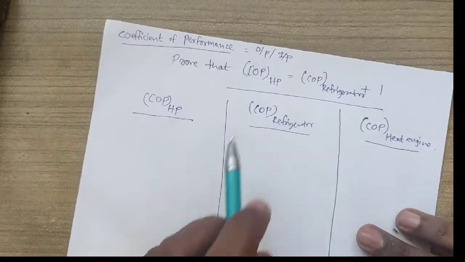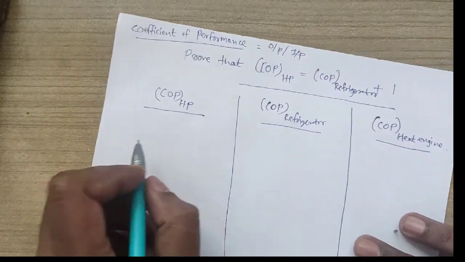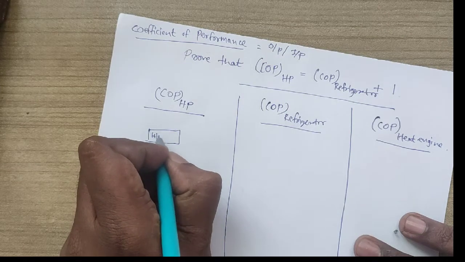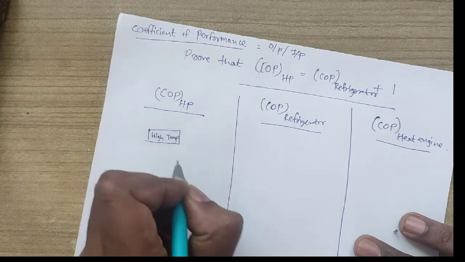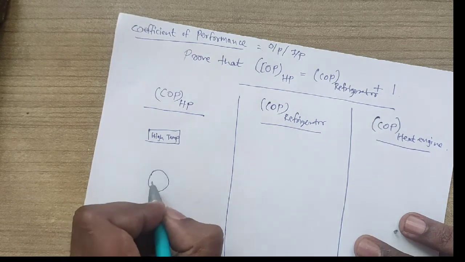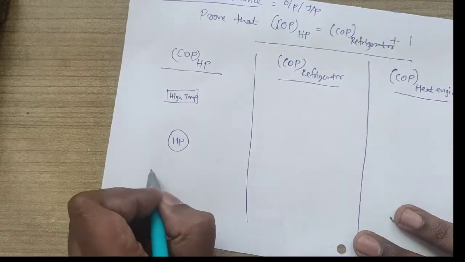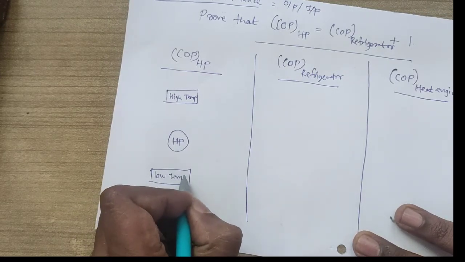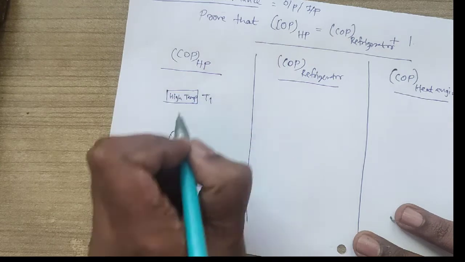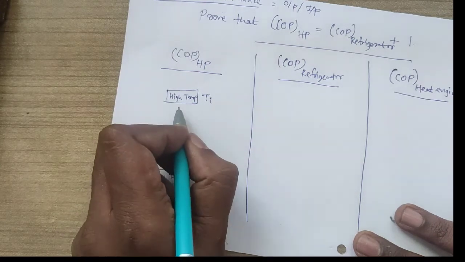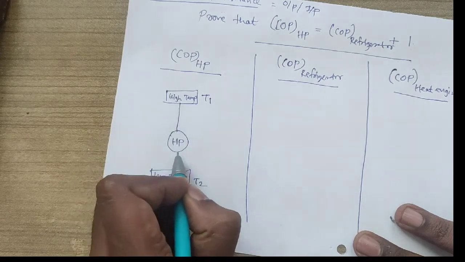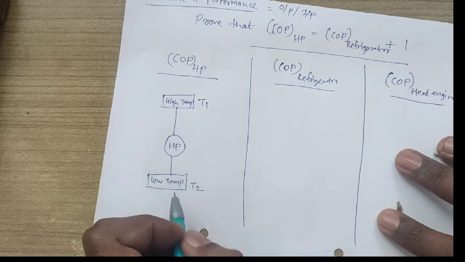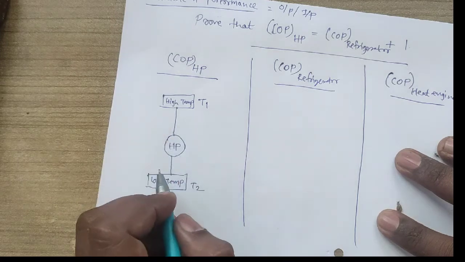So here in HP, let us consider this is the high temperature reservoir T1, then this is your heat pump, and this is your low temperature reservoir T2. In heat pump, generally heat is pumped from the low temperature reservoir towards the high temperature reservoir.